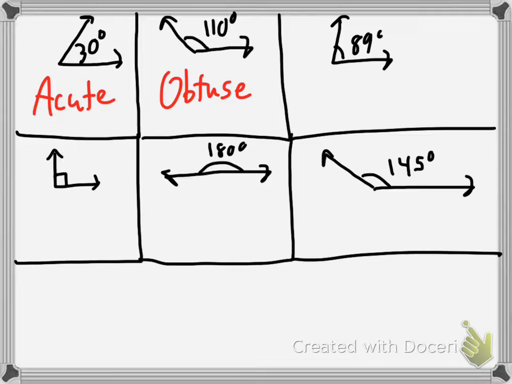It's bigger than 0, and it's super close to 90, but it is still less than 90. So being less than 90, but greater than 0, makes it still acute. Down in the lower left-hand corner, we see this box. That box right there tells me it is a right angle.